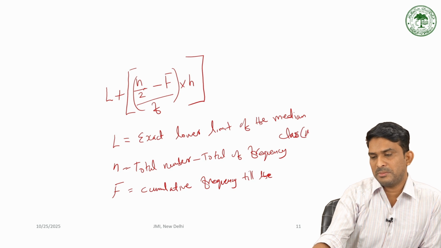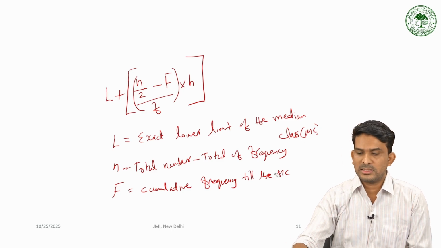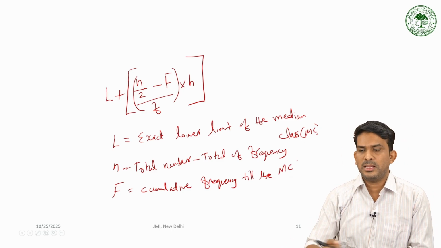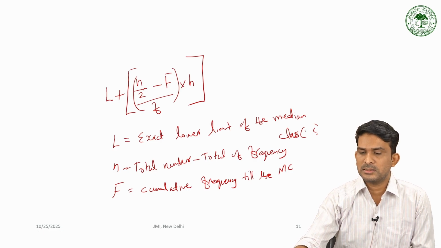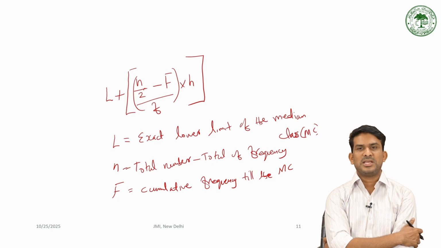This median class I mention in short as MC. Cumulative frequency till the median class. This is the median class. Okay, cumulative frequency till the median class, that is capital F.